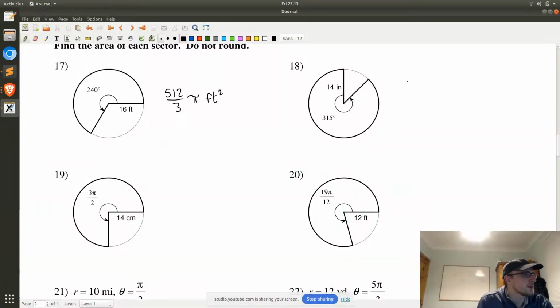This one's 315 over 360. And so that is 7/8. And pi r squared is 196 pi. And 196 times 7/8.